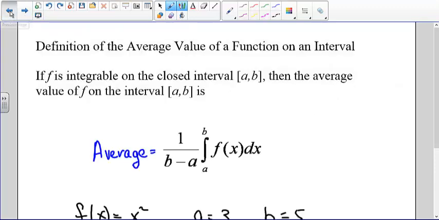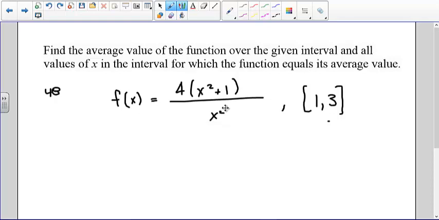Okay, so the average value is this. So let's just do an example. Let's calculate the average value for this function between 1 and 3.